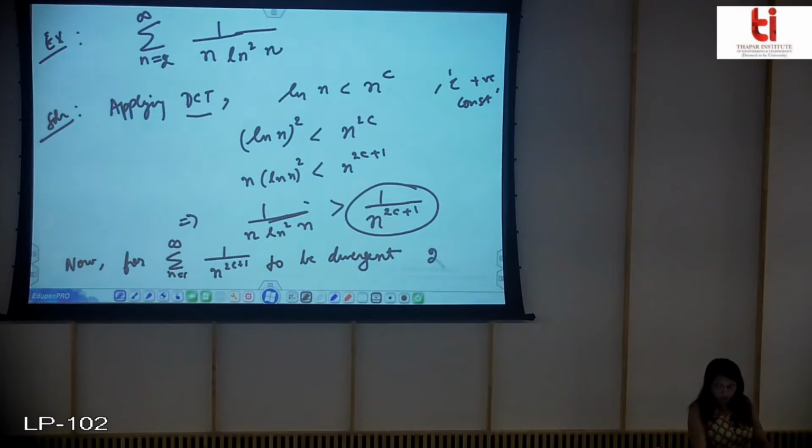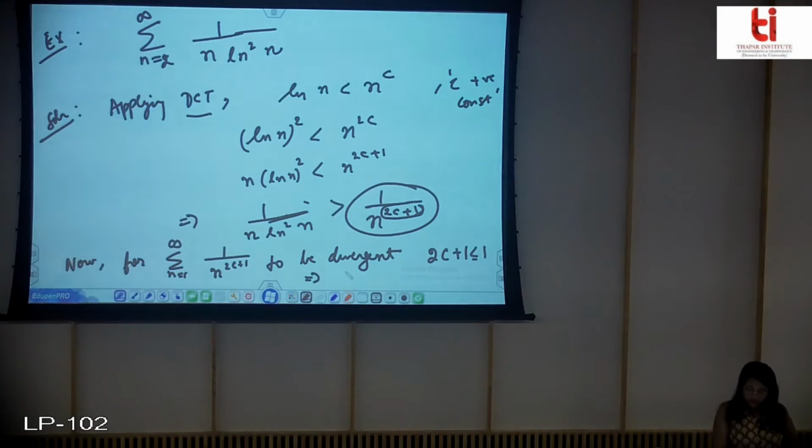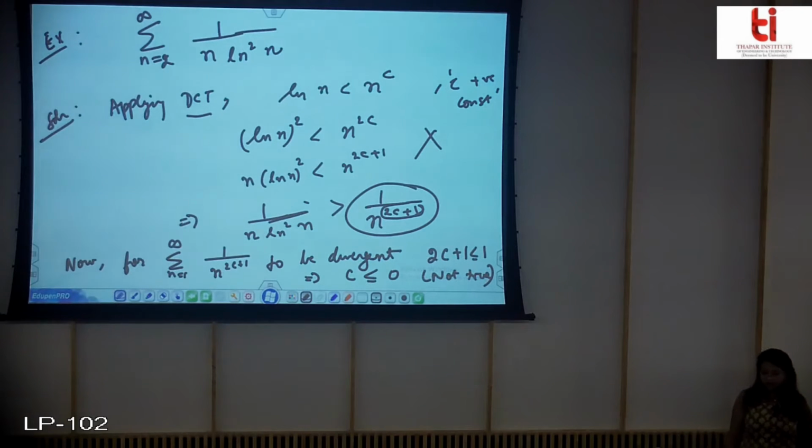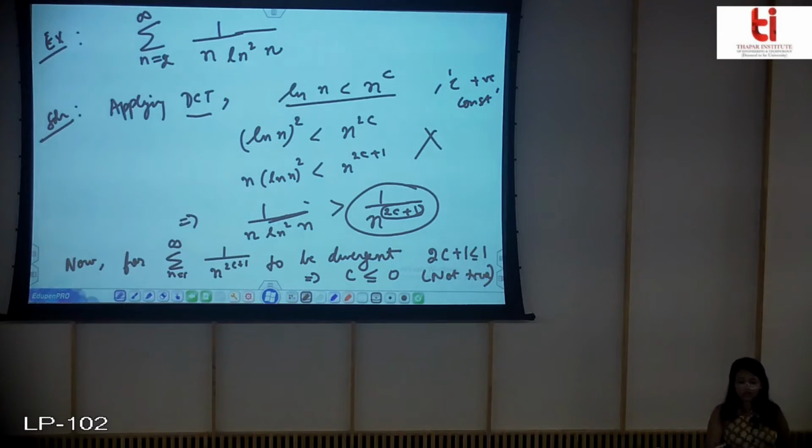We need 2c plus 1 to be less than or equal to 1. You already know by the P series that this should be less than or equal to 1, and this implies that C should be less than or equal to 0, which is not true. So this will not work. Therefore our direct comparison test fails by taking this inequality.